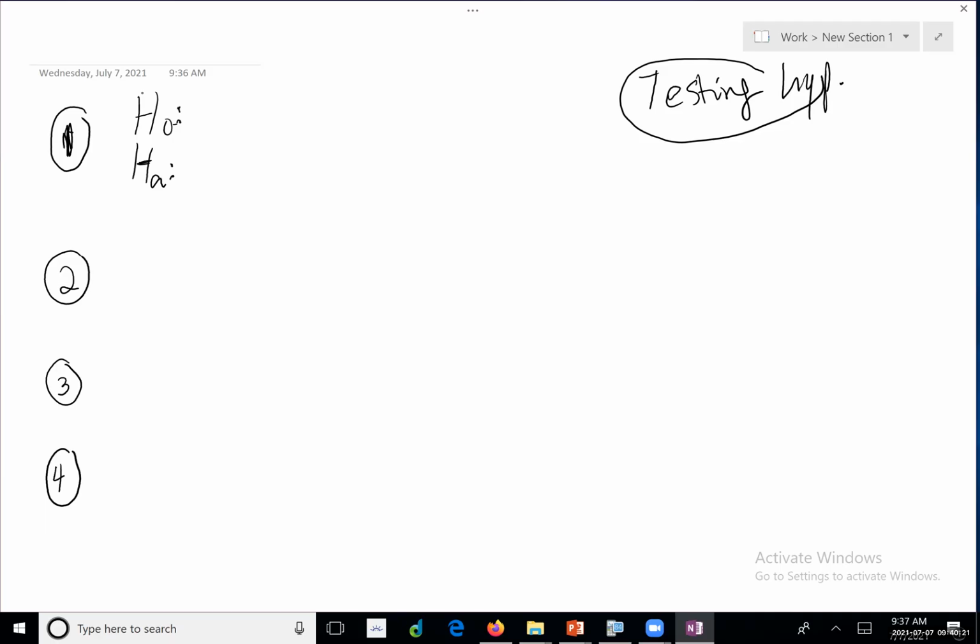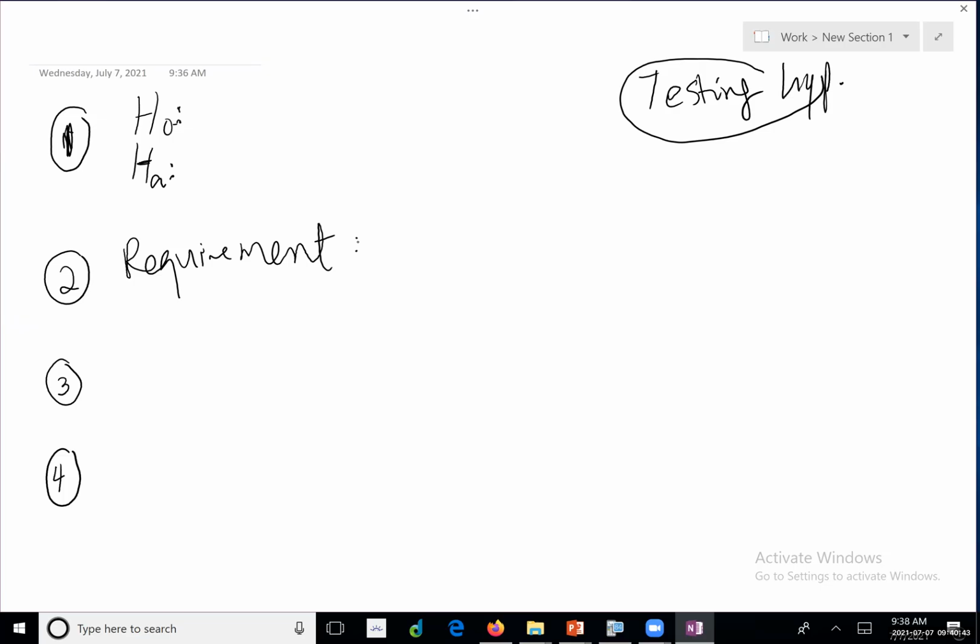Step 2 is checking the requirements. Everything has its own requirements, every section, every testing, depending on what it is.